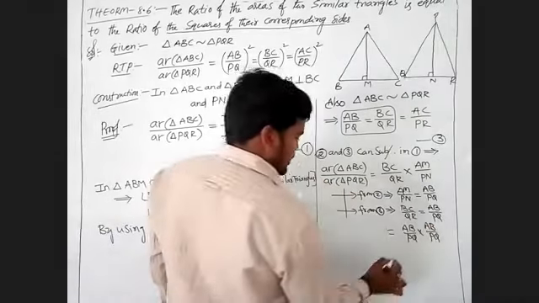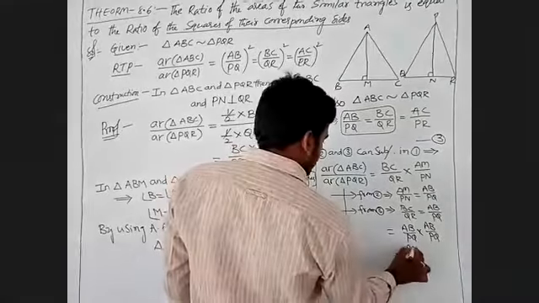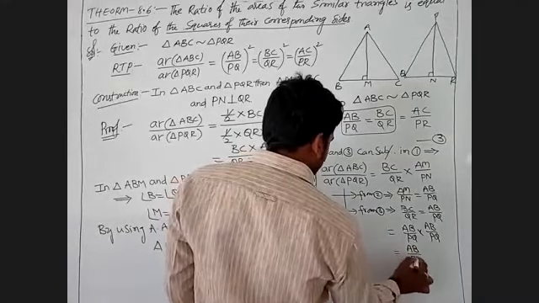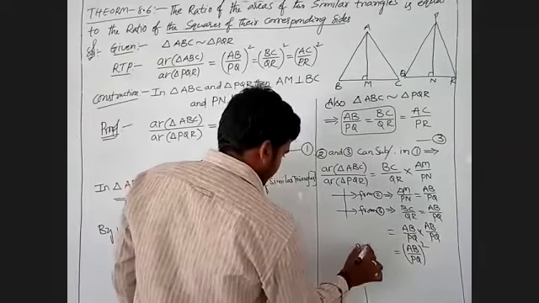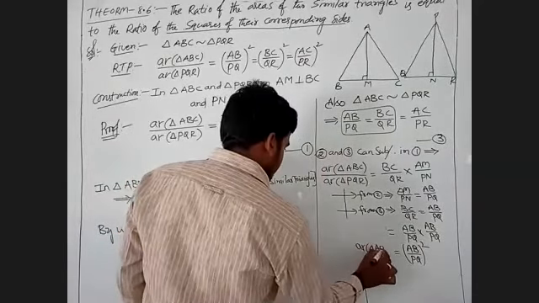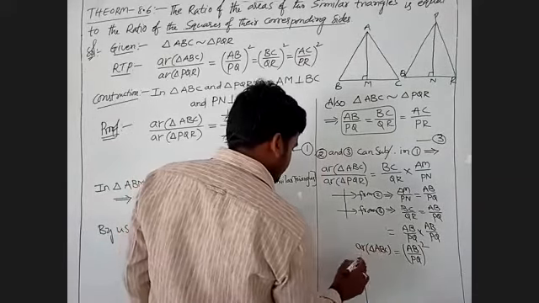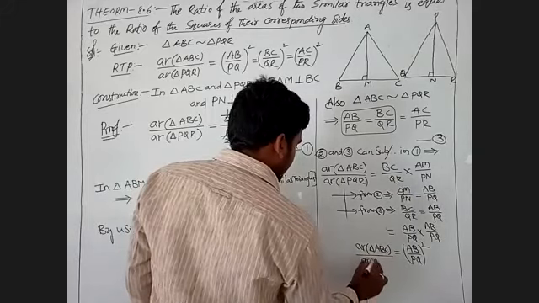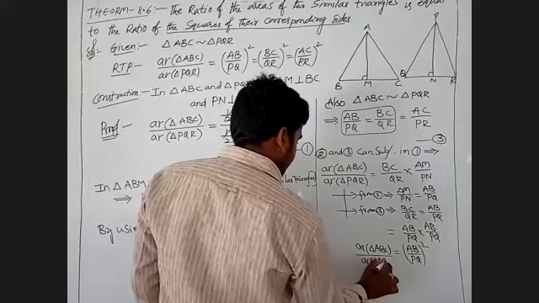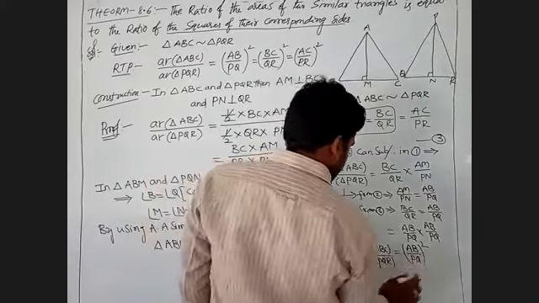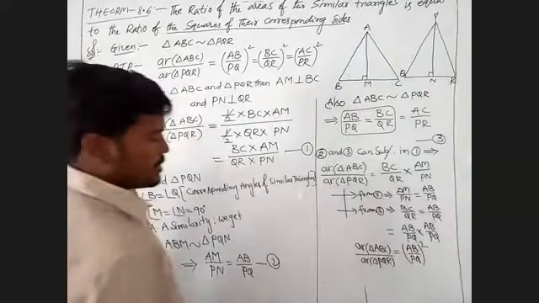AB into AB is AB square, PQ into PQ is PQ square. That I will write as AB by PQ whole square. This is the value of area of triangle ABC by area of triangle PQR.